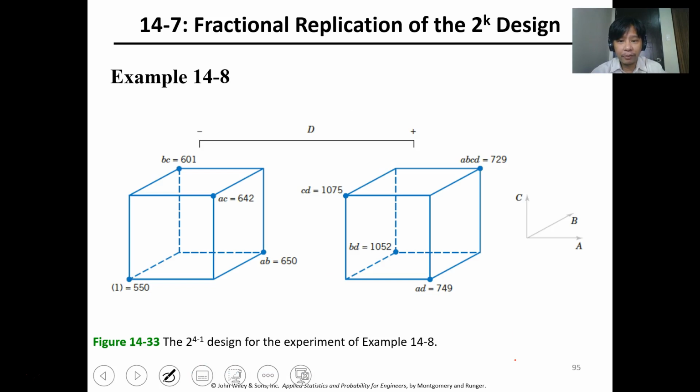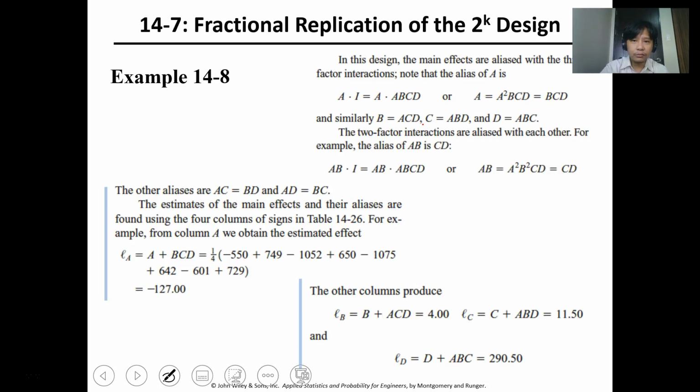Ito yung graphical representation niya. So, ito na yung data. So, ito yung D natin, negative tsaka positive result. Okay. Now, in this design, the main effects are aliased with the 3-factor interactions. Note that the alias for A is I equals A times ABCD, or A equals A squared BCD, so A equals BCD.